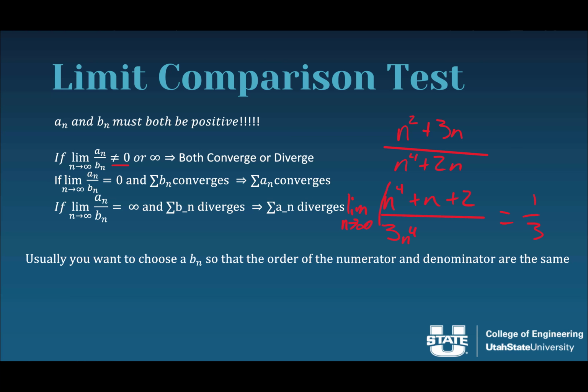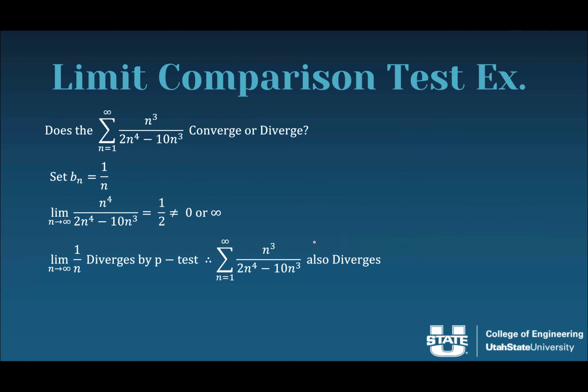Because my coefficients on these two will be 1/3. You could work through L'Hopital's rule and you'll end up in the same place. So this is kind of like a little shortcut that we do. So usually this is what we're aiming for, for the numerator and denominator to have the same order. Okay. All right. So we're going to go through this little example.